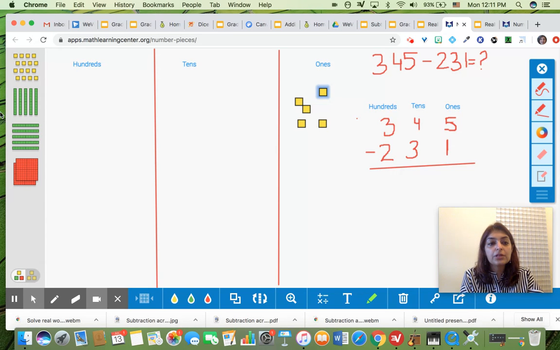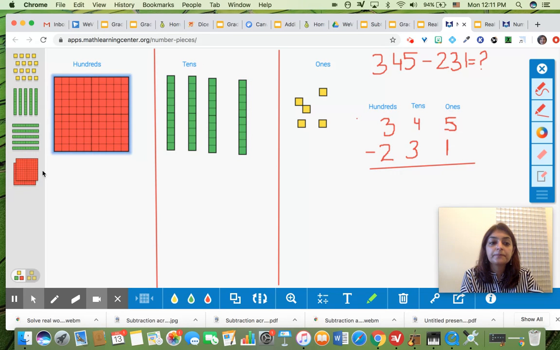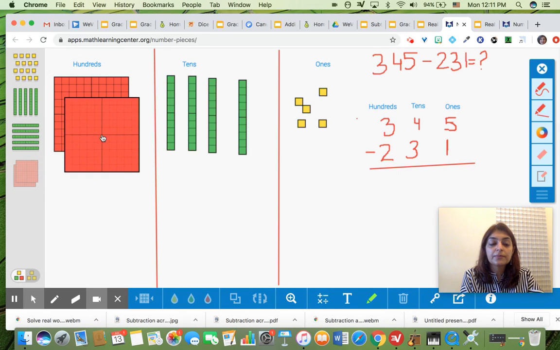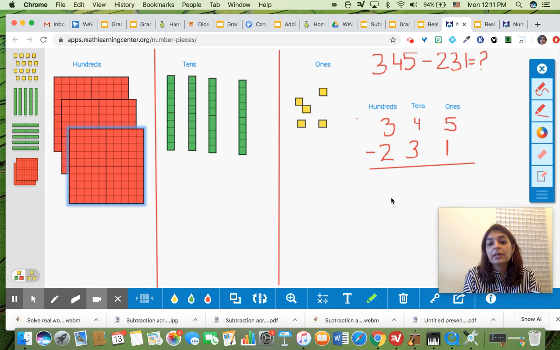I need 4 tens, so I'm going to pick 4 tens. 1, 2, 3, 4. And I need 3 hundreds. 1, 2, 3.